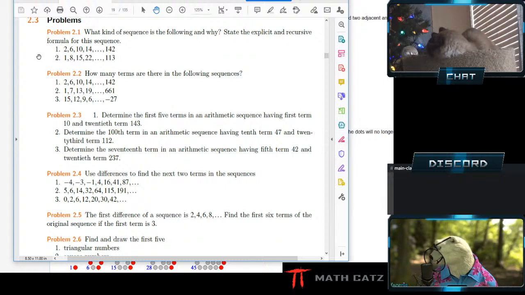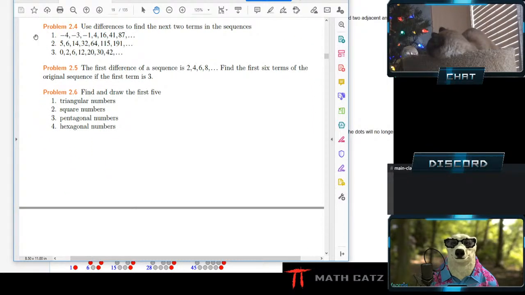Those are not straightforward, but just an arithmetic sequence using the arithmetic sequence explicit formula, probably. Actually, no, problem one says state both. Okay. Problem 2.2, it's an arithmetic sequence. Problem 2.3, they tell me it's an arithmetic sequence. So these mirror the exercises that we did very closely.